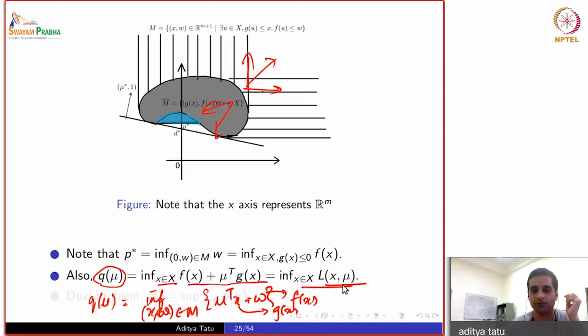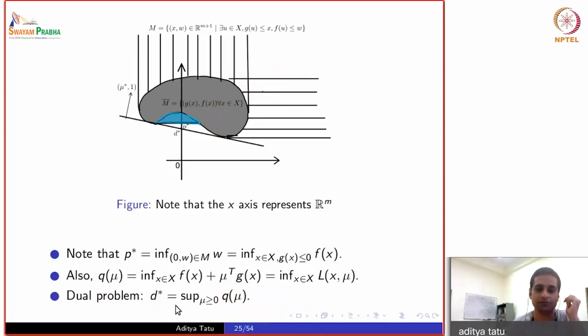That is what will give you this. Then you're supposed to maximize this q of mu over all non-negative mu's. So that is your dual problem. And you can see clearly that in some cases, with this M bar, your d star may be strictly less than p star.